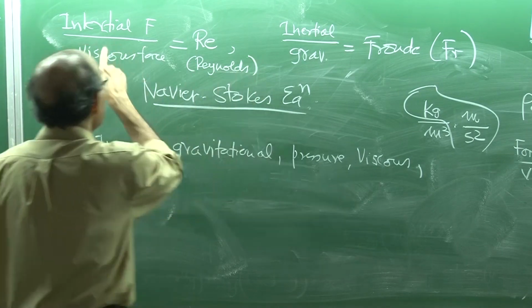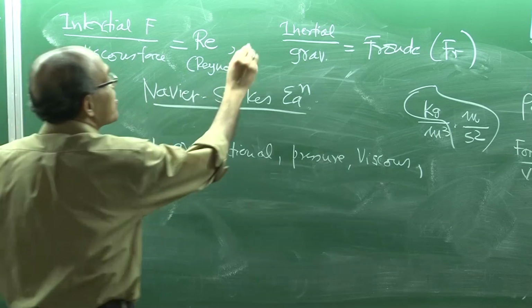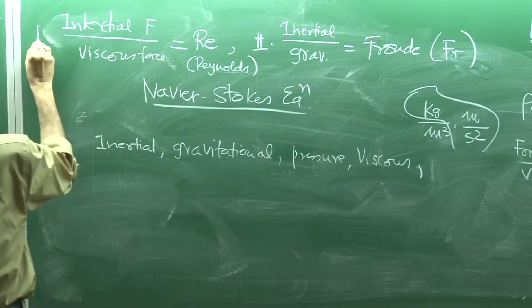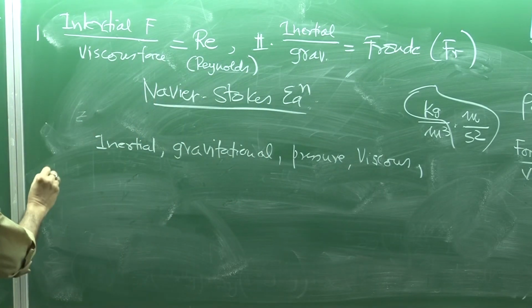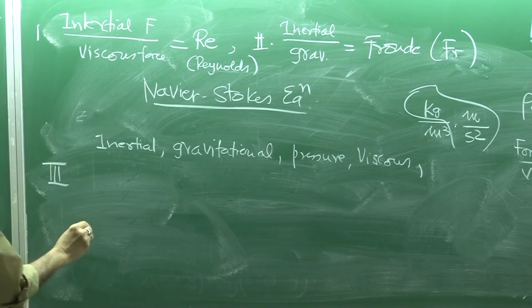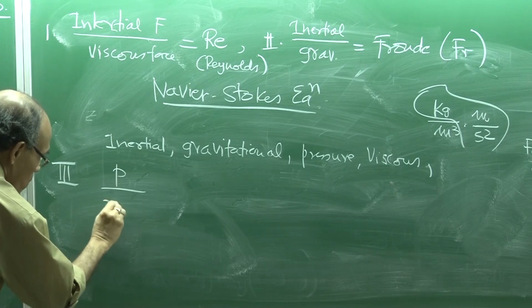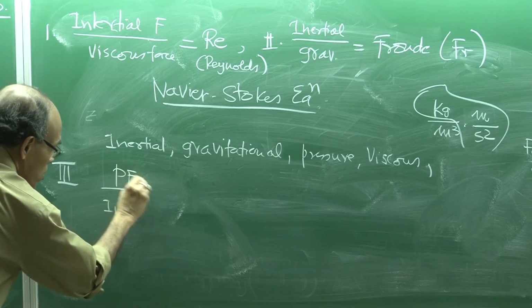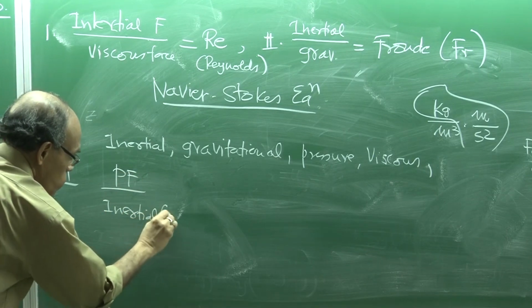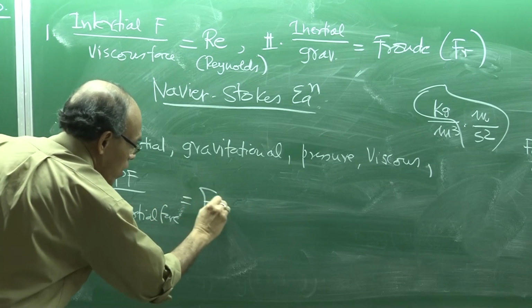So, this is one ratio that we have obtained. This is the second ratio, and I must have the third ratio also, and the third ratio basically is pressure by inertia, pressure force by inertial force, and this is called the Euler number.